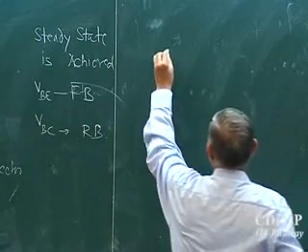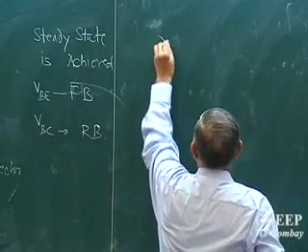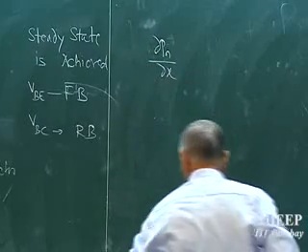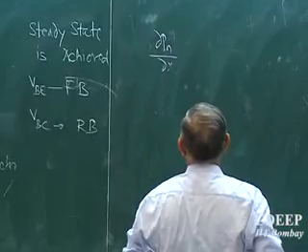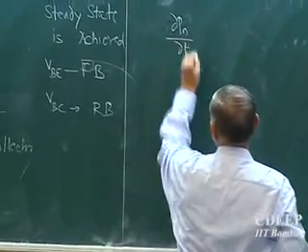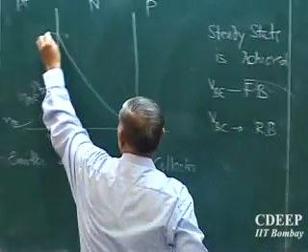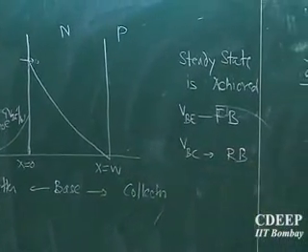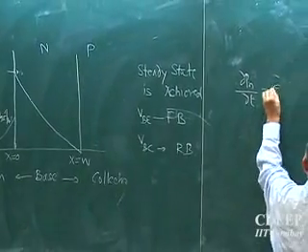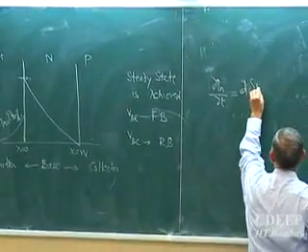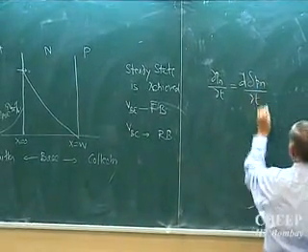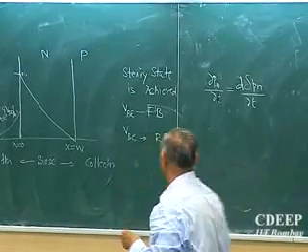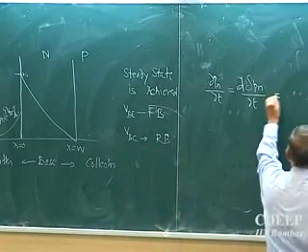So if I write delta Pn by dt, where Pn is the carrier concentration of holes which are getting injected here, this is 0 because the time dependence of a constant quantity is 0.